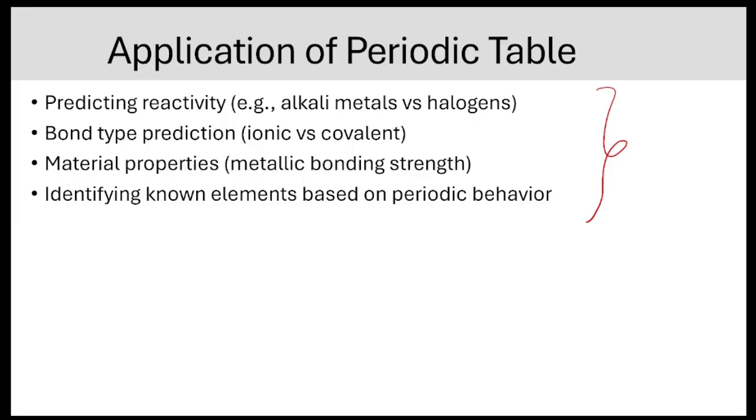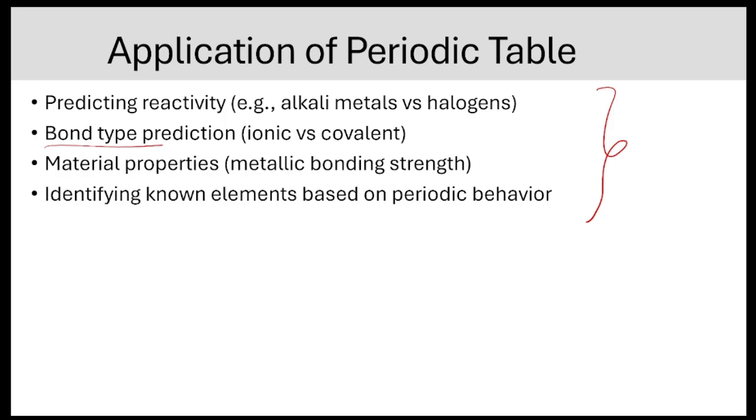Similarly, we can predict the type of bond based on the valence electrons of an atom, and what kind of bond it will form in a chemical reaction.